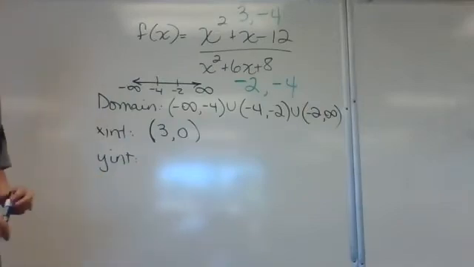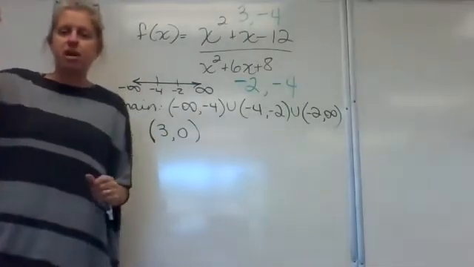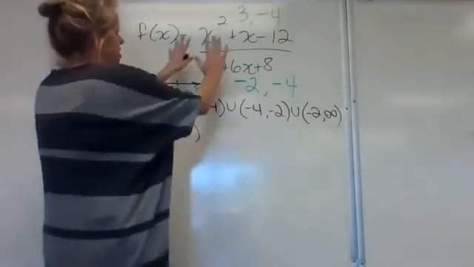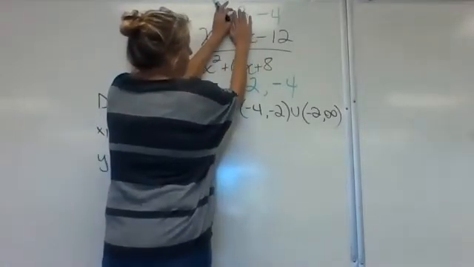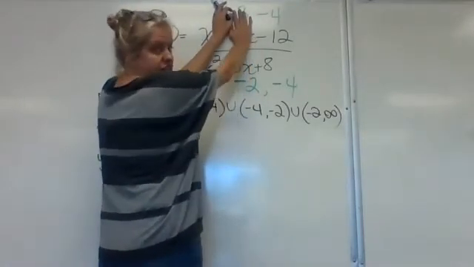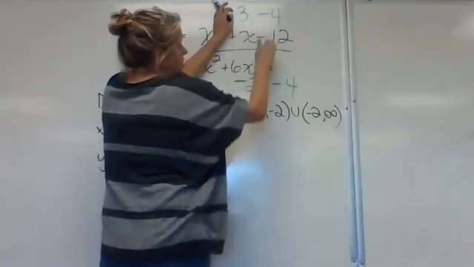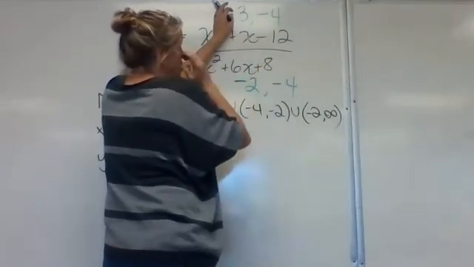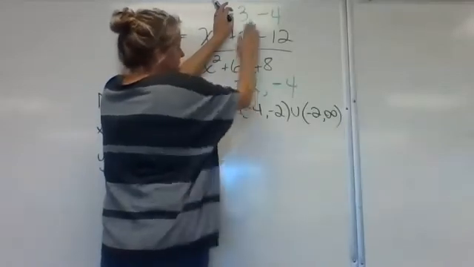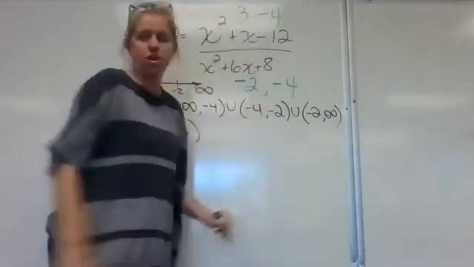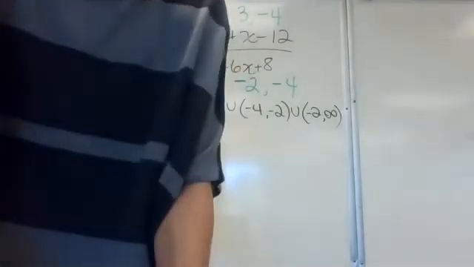The y-intercept comes from replacing all the x's with zeros. So the way I like to do it is just look at this function without any of the x terms, any terms that have an x. So essentially, you're just looking at this over that. Those are the only terms that don't have an x, so they wouldn't be knocked out with zeros. So -12 over 8. Let's see what that gives me.